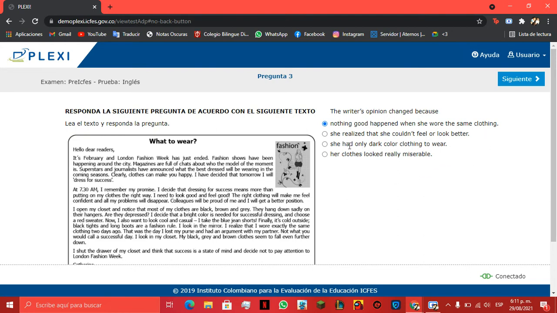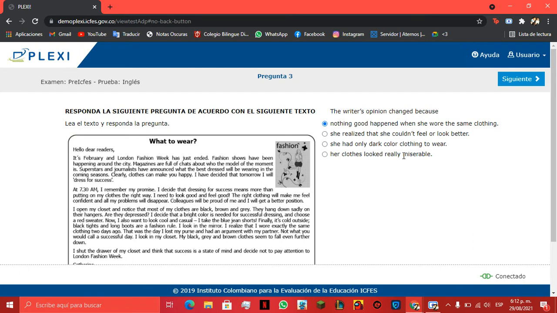She doesn't think this at any moment. Also, she has a red sweater, so this is a lie, that she had only dark color clothing. She also has bright color clothes, and they don't really look miserable.